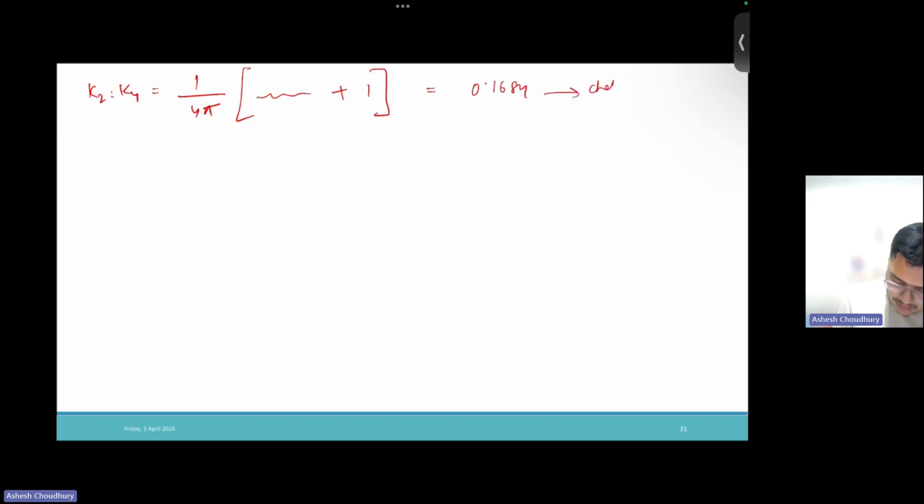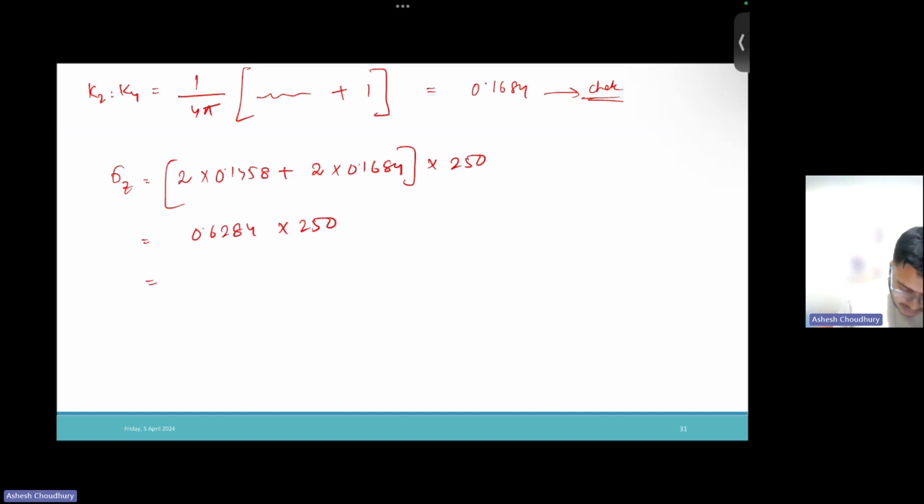Okay, so check this one once. Finally, 250. Okay, so finally we can get the value like this. Okay, sigma z like this.